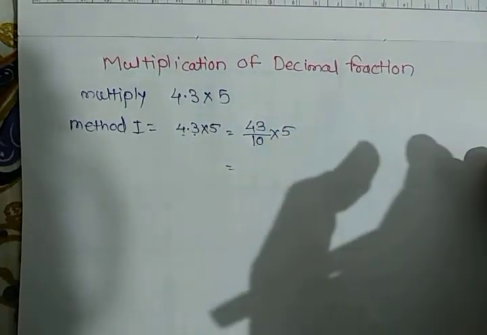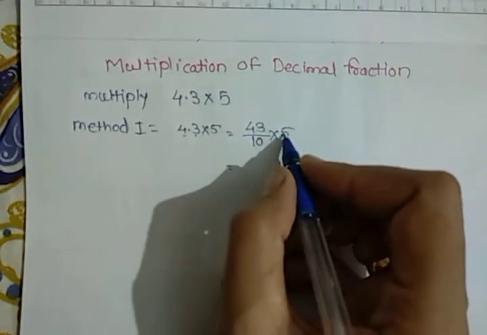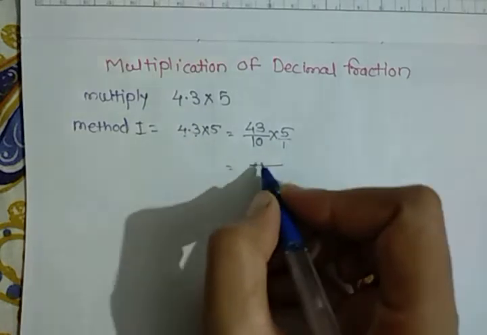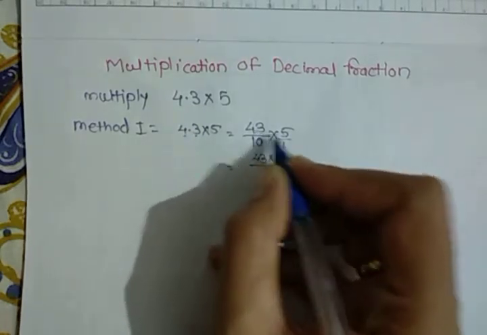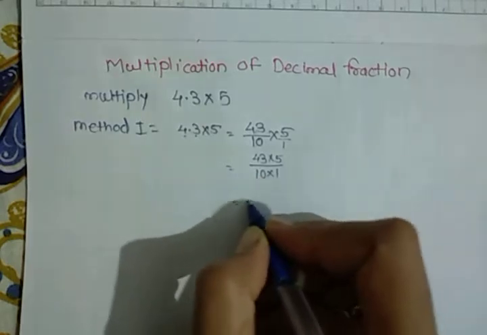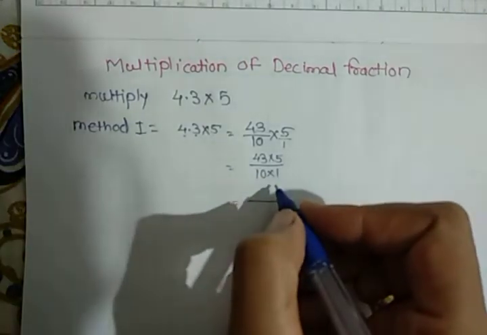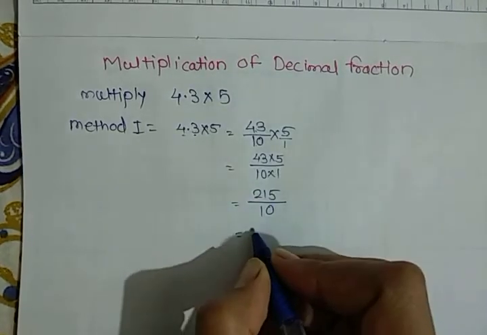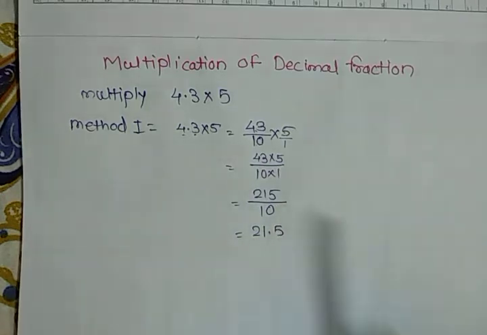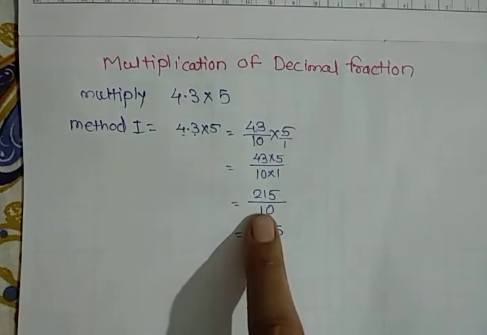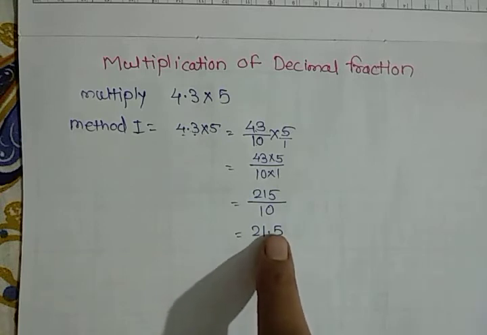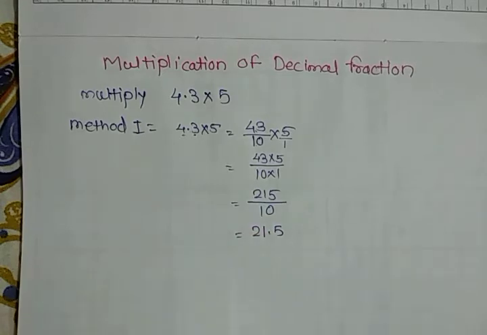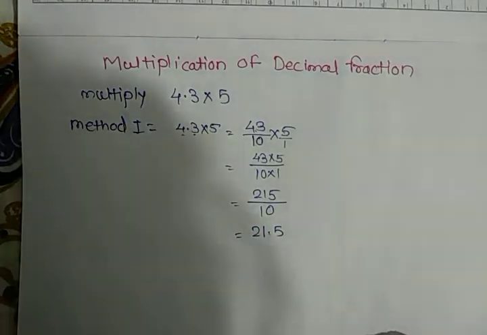Now 43 multiplied by 5: multiply denominator with denominator and numerator with numerator. Here there is no denominator, it means there is 1. So 43 multiplied by 5, numerator with numerator, and 10 into 1, denominator with denominator. 43 multiplied by 5 is 215 upon 10. So the answer is 21.5. Because the denominator is 10, having one 0, leave one place from the right side and place the point here. So the answer is 21.5.